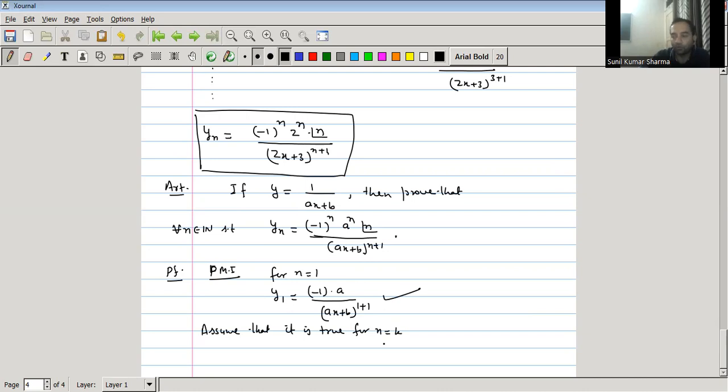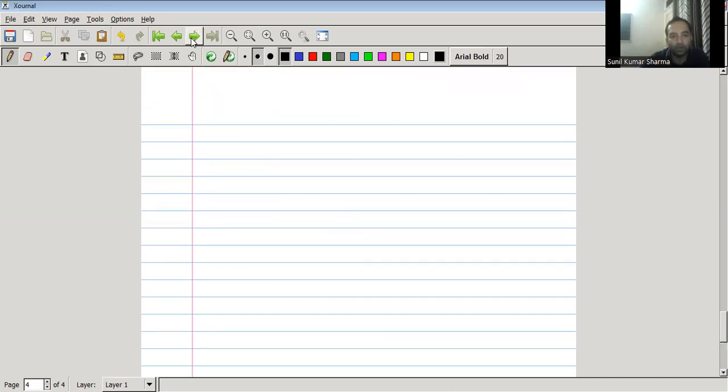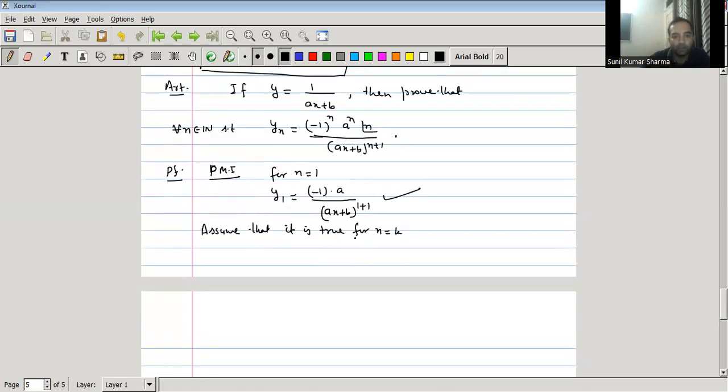So if it is true for n equal to k, then yk is equal to minus 1 to the power k, a to the power k, k factorial divided by ax plus b to the power k plus 1. So this result is true for n equal to k.